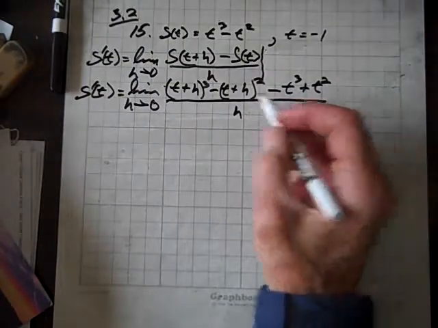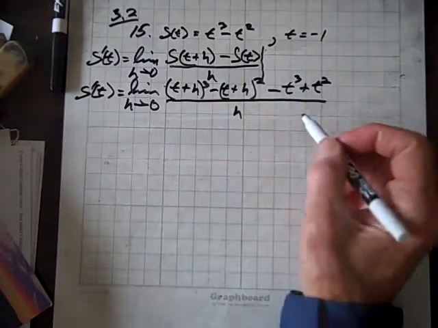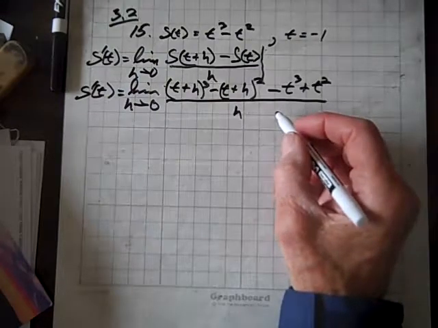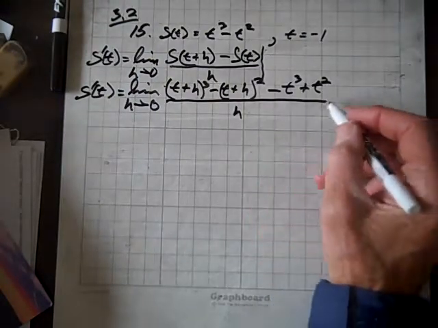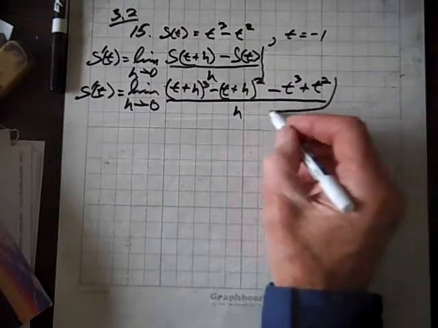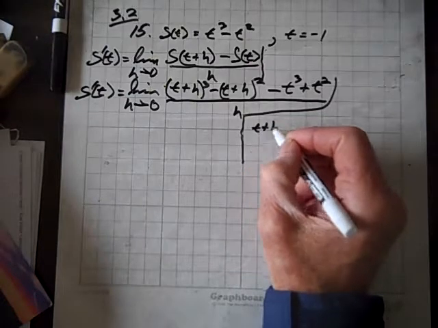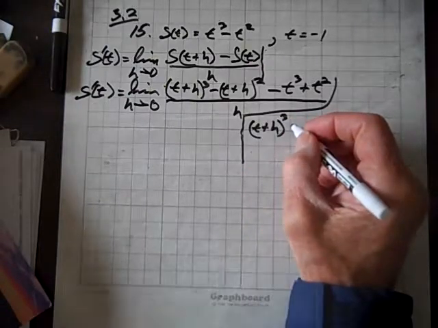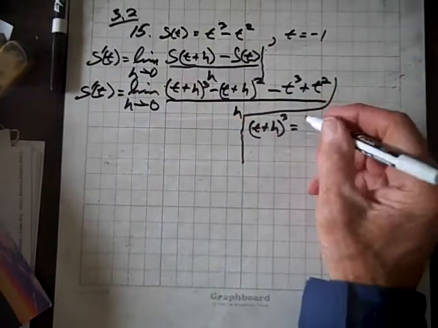Now, let's look at the components. T plus h cubed. If we have a t plus h and you cube it, if you know Pascal's triangle, you know how to do it very quickly. Otherwise, you have to FOIL it out.